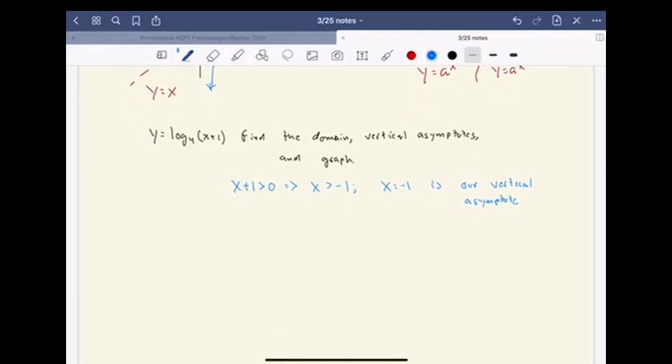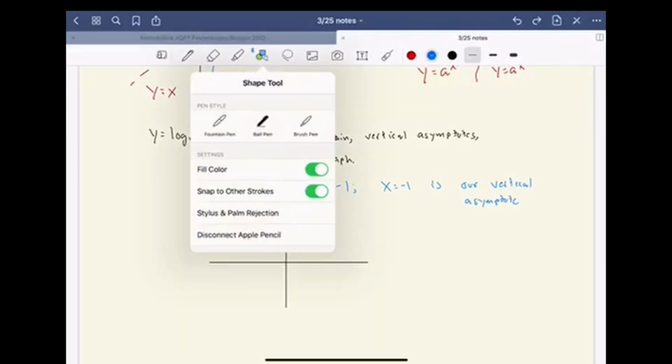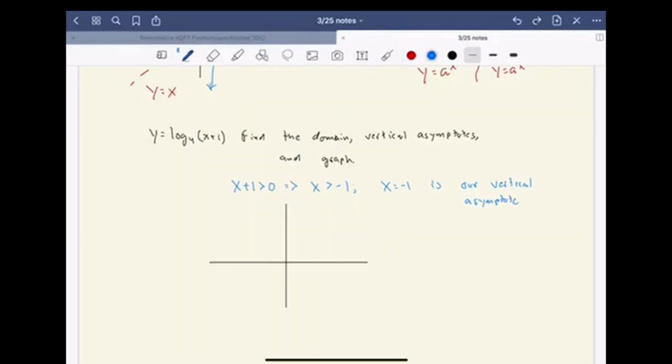Okay, so we're going to go ahead and graph this.